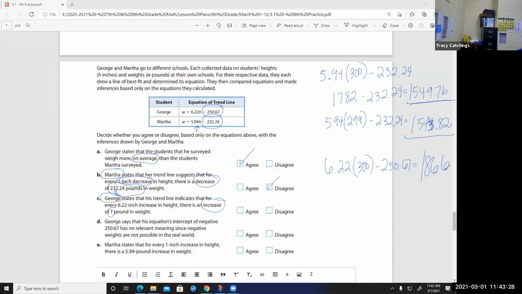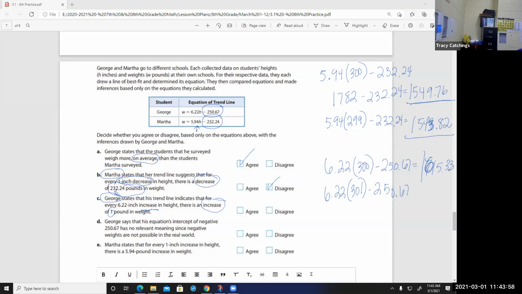All right, and then they say we're doing what? Increasing. So do 301. Oh, it's subtract. I'm sorry. 1,866, and you said point 33. Gotcha.